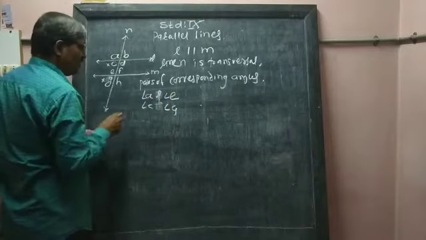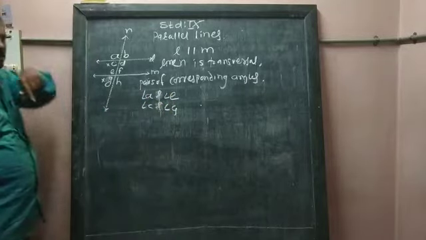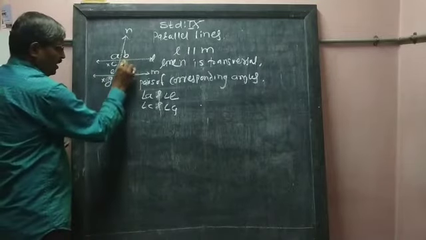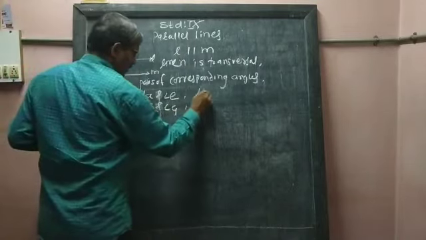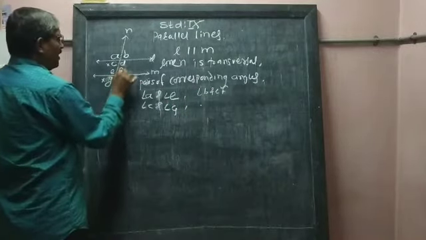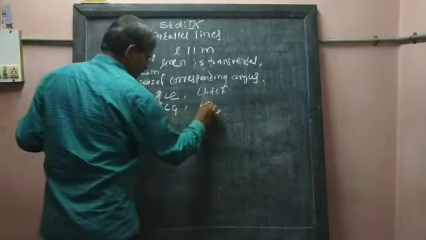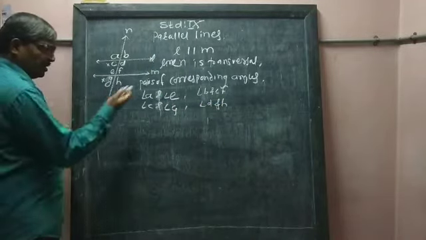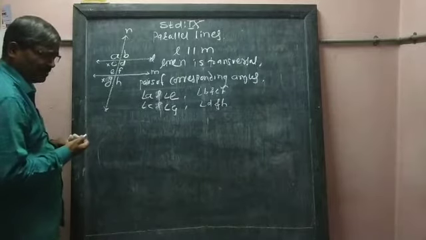Similarly, on the right hand side, angle B and angle F, and angle D and angle H. These pairs of corresponding angles are congruent.